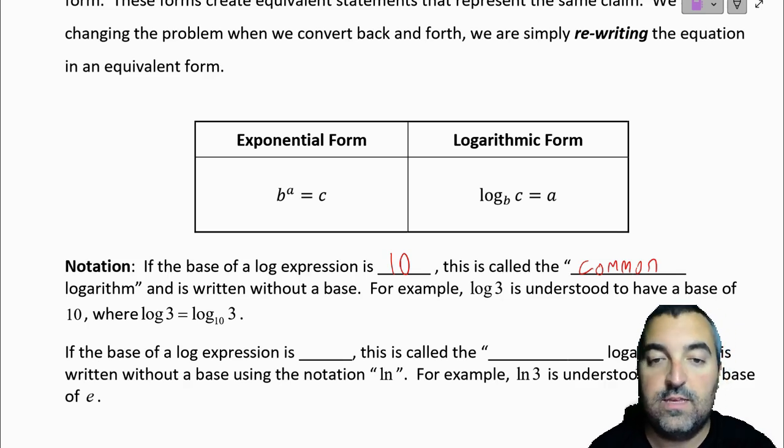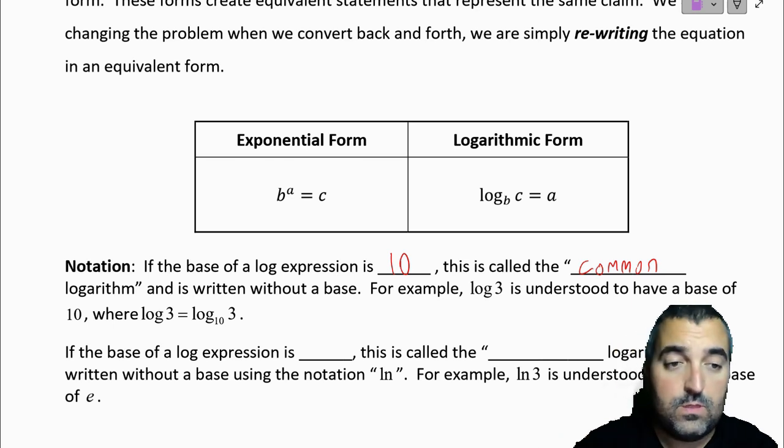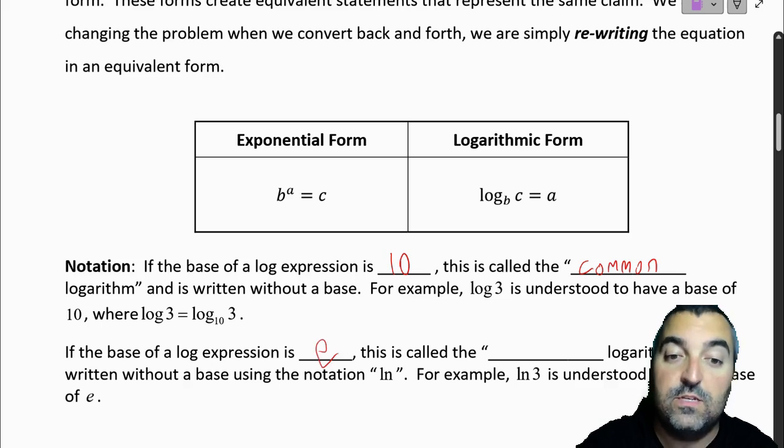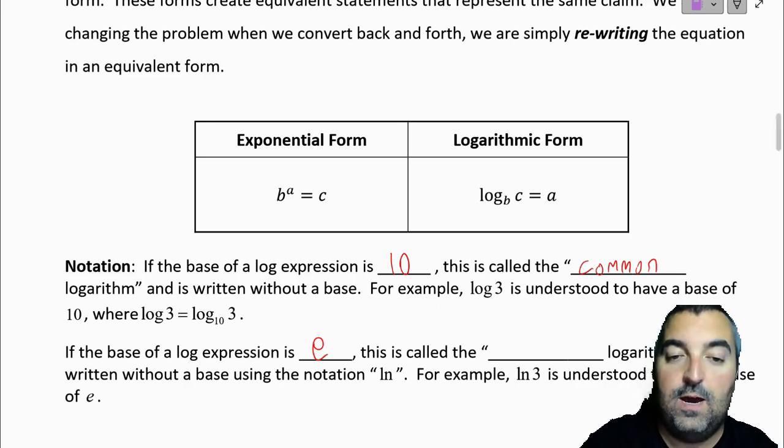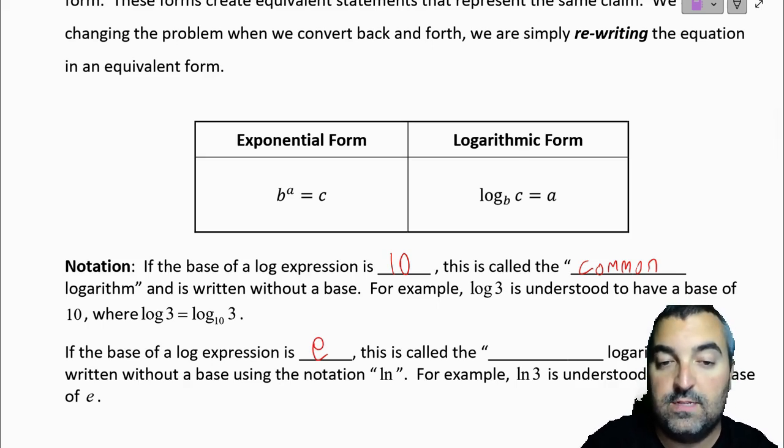The other special, very common log is when it has a base of e. We talked about e in 2.4 or something like that. Remember, that is Euler's constant, 2.718.